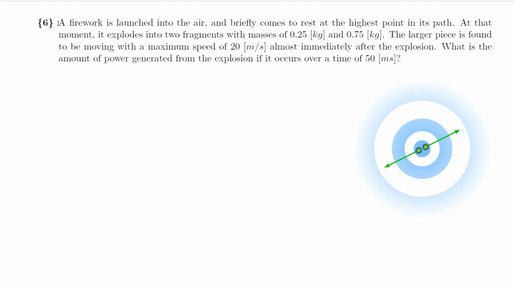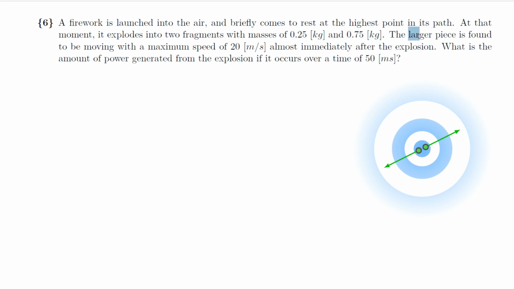Number 6. A firework is launched into the air and briefly comes to rest at the highest point in its path. Okay, so we're going to consider something at rest. At that moment, it explodes into 2 fragments. Masses are given, 0.25 and 0.75.